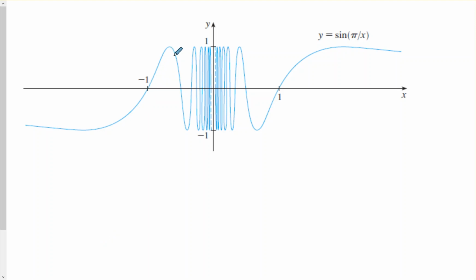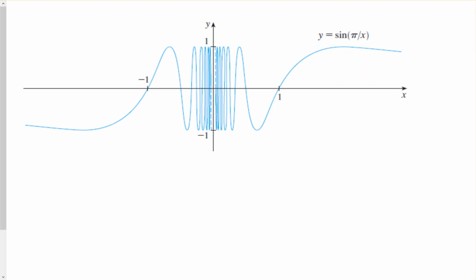When it starts to go back and forth and have this almost like a slinky pattern, that's called oscillating behavior. The function is oscillating between several values on the y.